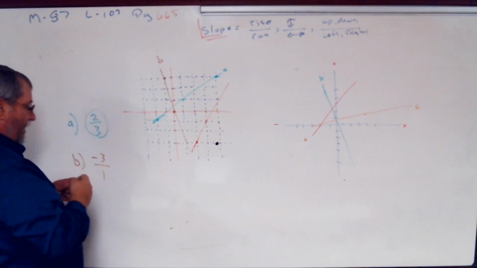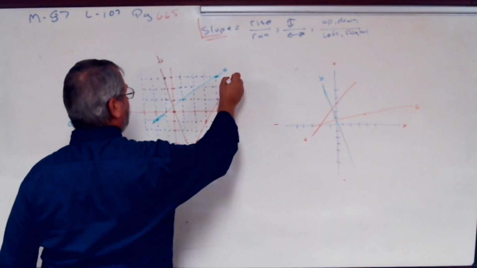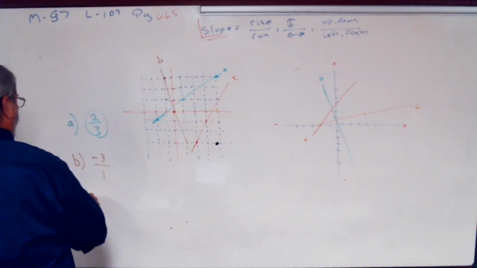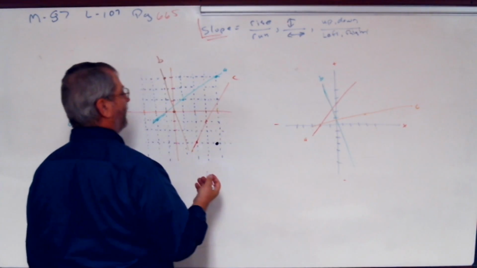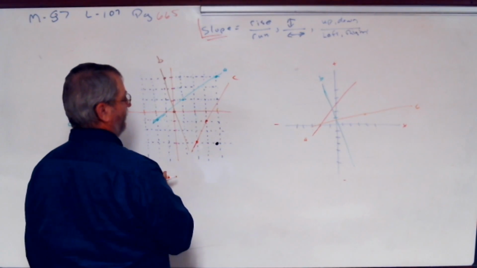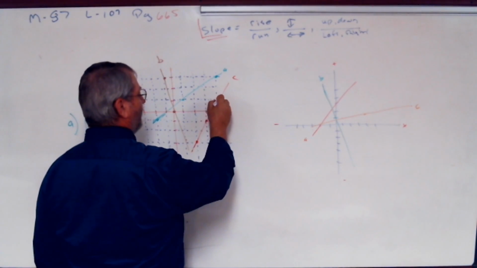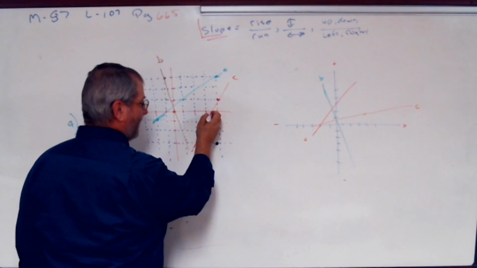Okay? Next one here is line C. First of all, we have to find out where it crosses, which two places. Here and here is where it crosses the grid system. Or here and here. It doesn't matter which ones. It can't be here. That's not on the grid system.